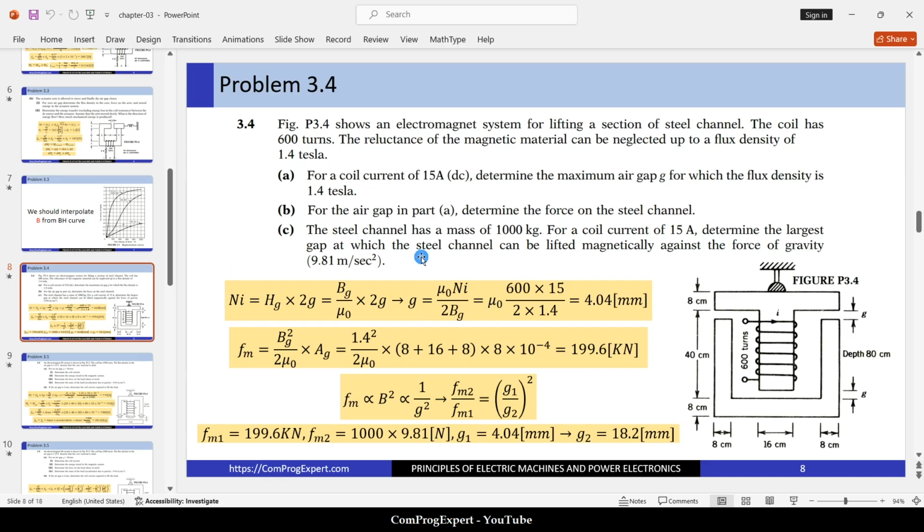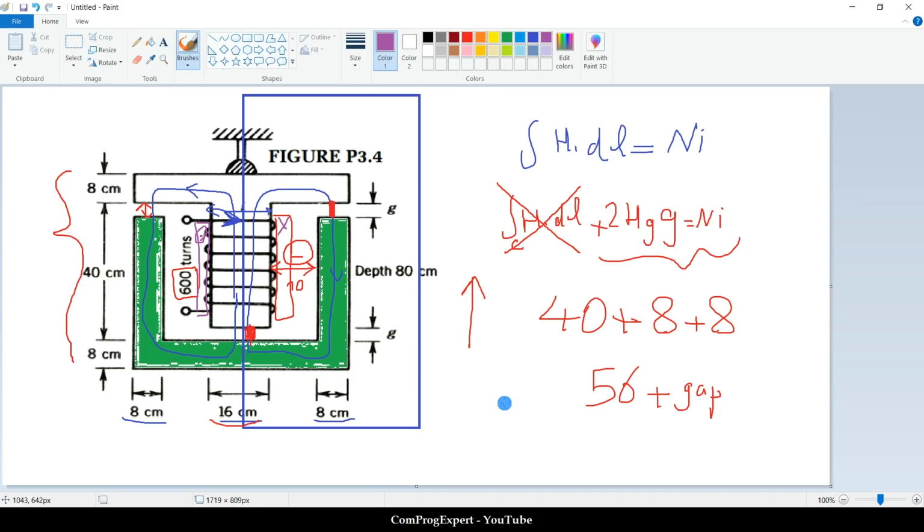So part B, for the air gap in part A, determine the force on the steel channel. How much force F in the y direction is applied on this steel channel?